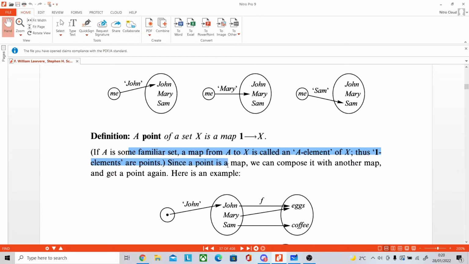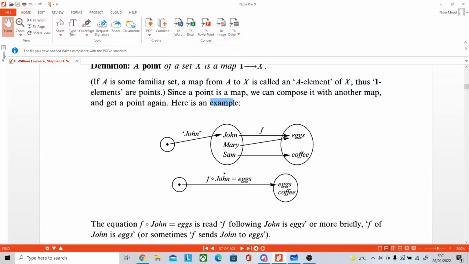Okay, since a point is a map, we can compose it with another map and get a point again. So this thing points to John, and John points to egg. So if we compose it, the whole thing just points to eggs. And what is this?